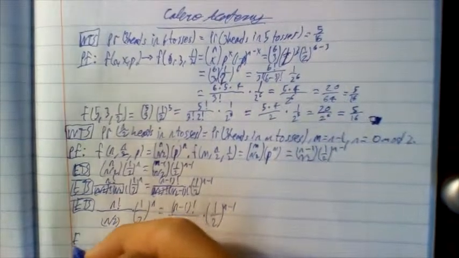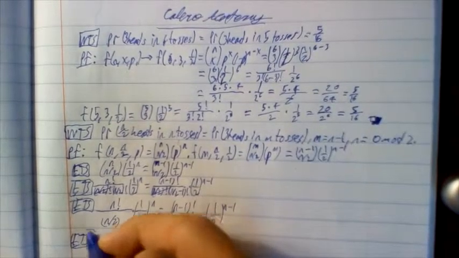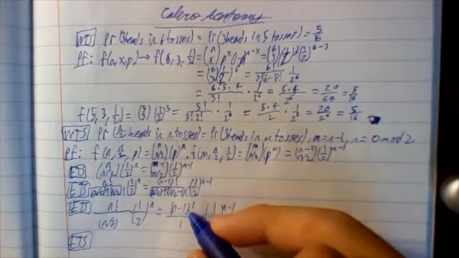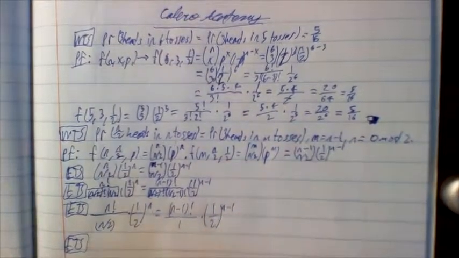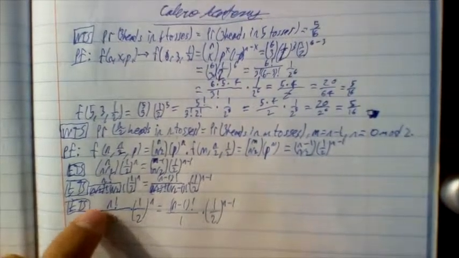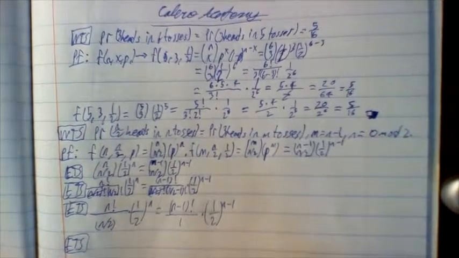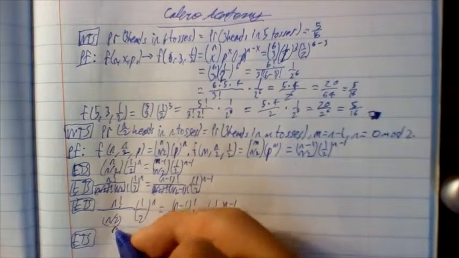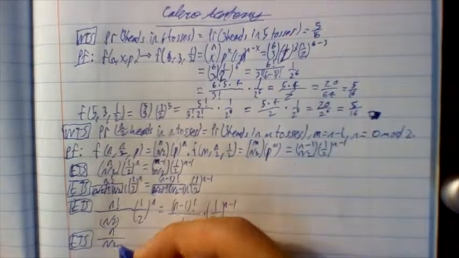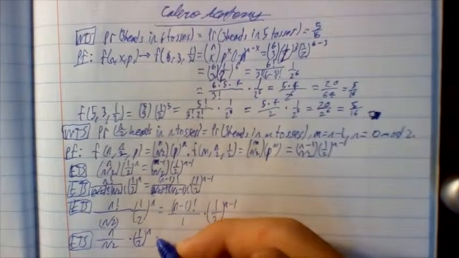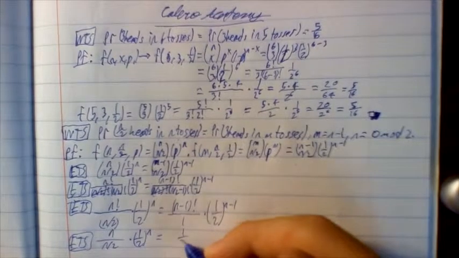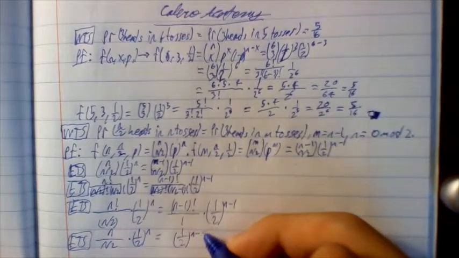Therefore, it's equivalent to show that dividing both sides by n minus 1 factorial will get rid of everything behind n in n factorial. So that will leave us with: equivalent to show that n on n on 2 times 1 on 2 to the power of n is equal to 1 on 2 to the power of n minus 1.